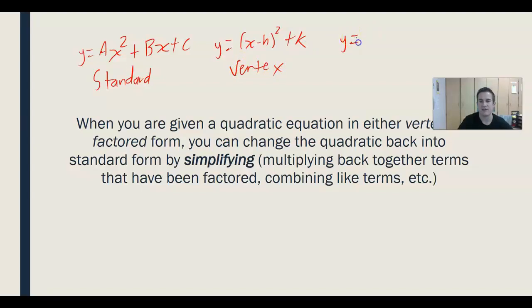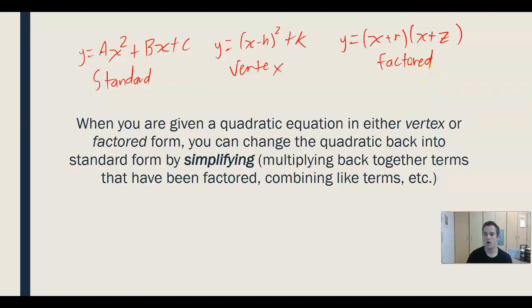If I'm given something like y equals (x minus r)(x plus z), if I have two factors like that, that's going to be in factored form. So those are the three main different ways that you might see a quadratic function written.